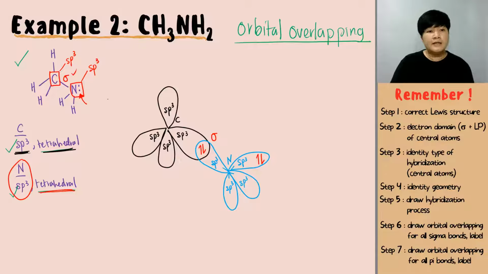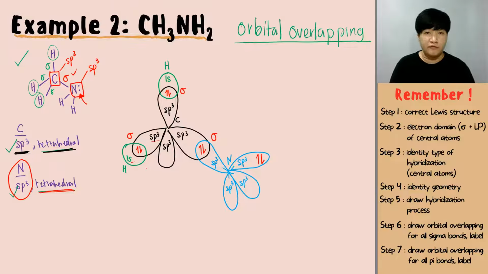Okay? And then next, the carbon will form a sigma bond with 3 hydrogens. Can you see that? So all the 3 sp3 hybridized orbitals left will overlap end to end with the 1s orbital of the hydrogen, forming the first sigma between the carbon and hydrogen. Another sp3 hybridized orbital overlaps end to end with the 1s orbital of the hydrogen.